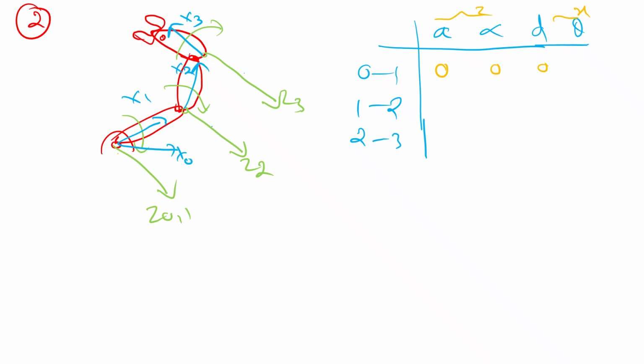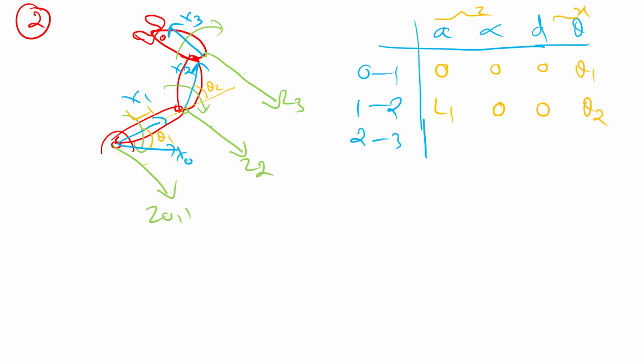The angle between them is theta 1. Next, the distance between Z1 and Z2: Z1 is here, Z2 is here, so let's say this length is L1. The angle between them, both are parallel, so it is 0. The distance between x1 and x2, both are intersecting, so that is 0. The angle between them: x1 goes like this, x2 is there, so you have theta 2.